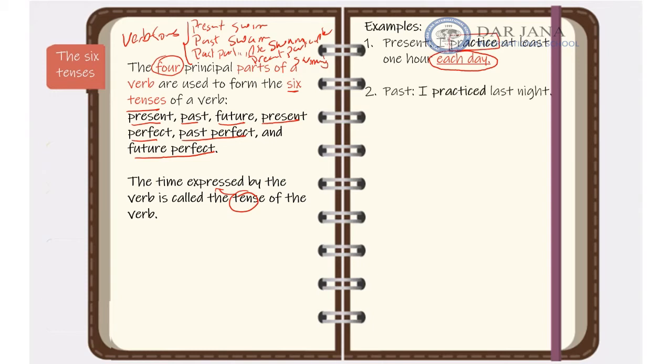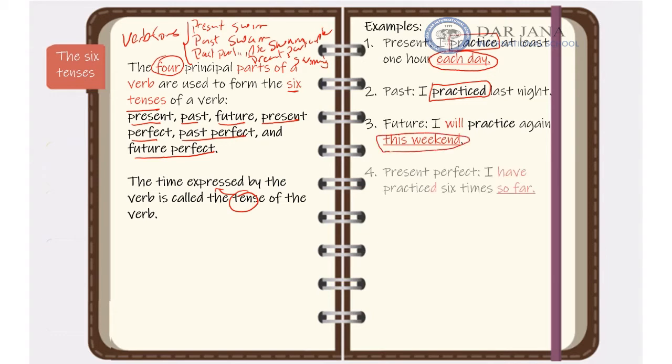Number 2, we use the past tense when we refer to an action that happened in the past. This is the case of practice with an ed. 3, in the future, we use I will practice again this weekend, which is in the future. 4, present perfect, I have practiced 6 times so far.